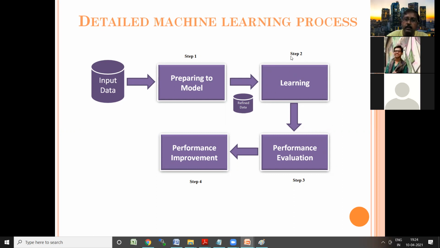Now, once the model has been trained, the next step is to see how well the model is actually performing. We call that performance evaluation. How do we do that? From the input data, which is the annotated data, we set aside a small portion to do a reality check. We apply the trained model on that set-aside data and make predictions.